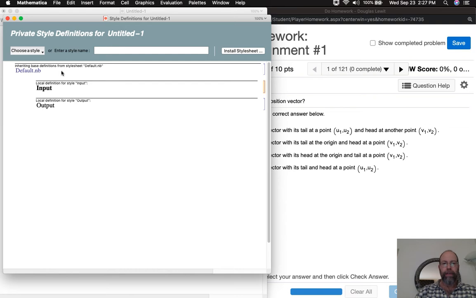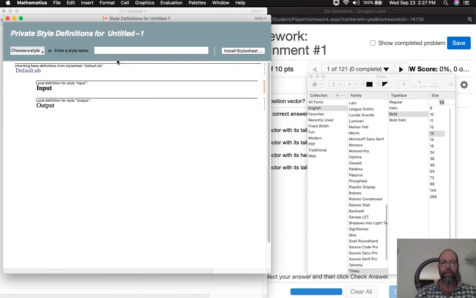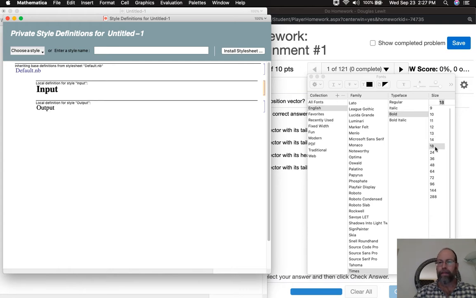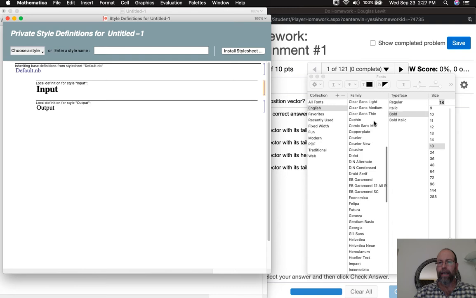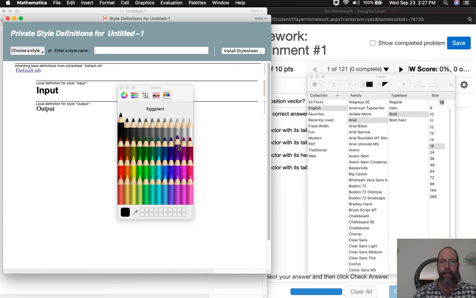Let's start with input, format, show fonts. Let's make it 18 pixels, bold, and I happen to like Arial. I like Arial, and I like eggplant purple.